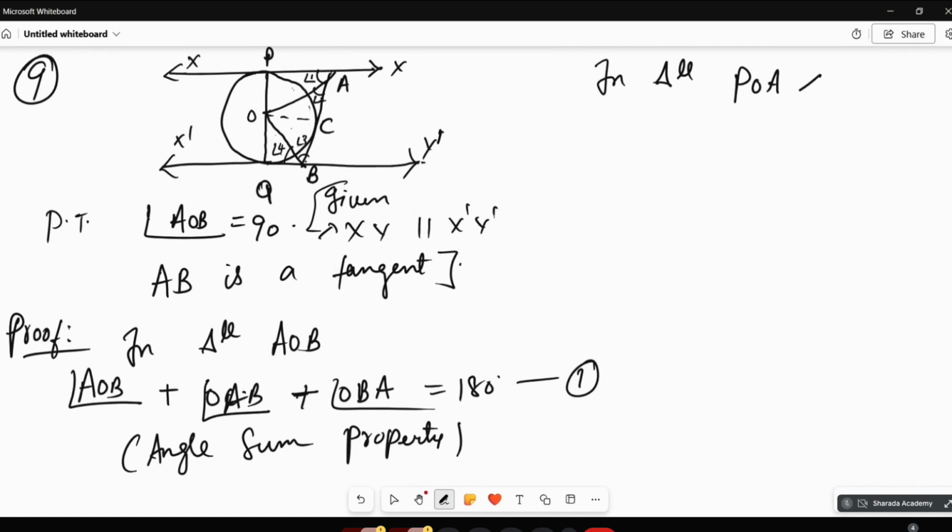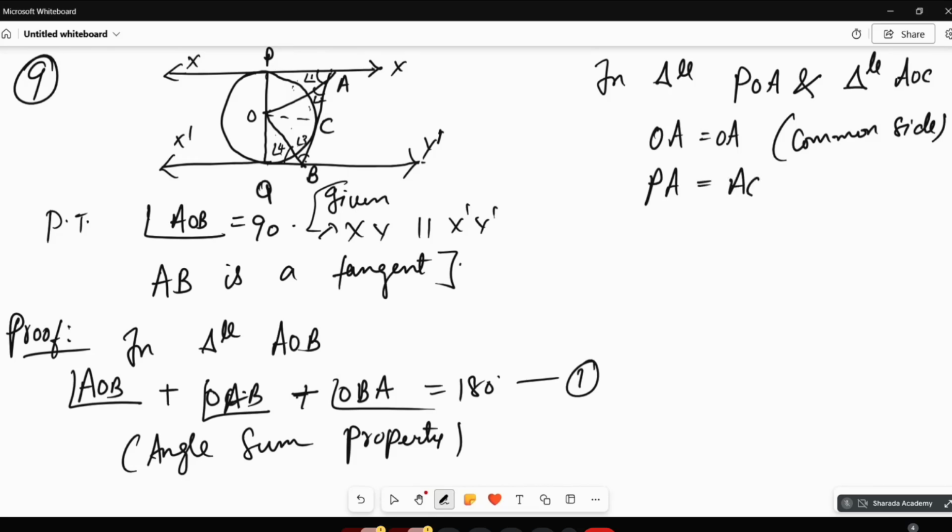Okay. Next, in triangle POA and triangle AOC, in these two triangles, OA is the common side. Correct? OA is equal to OA. It is the common side. PA is equal to AC because they are tangents from the same external point.